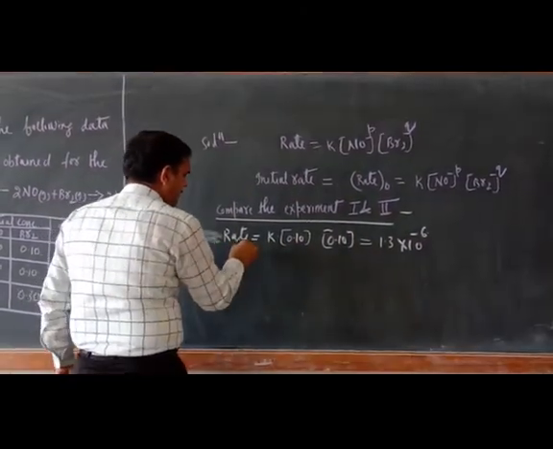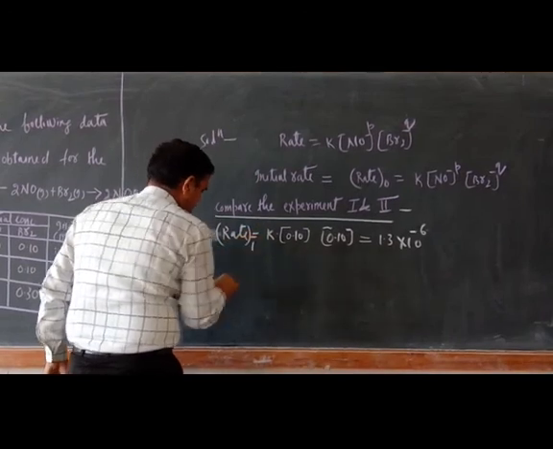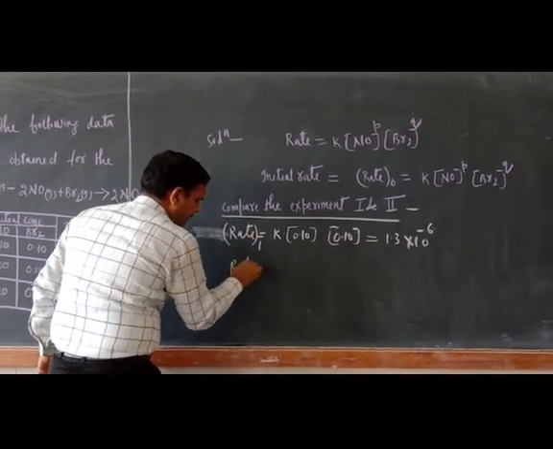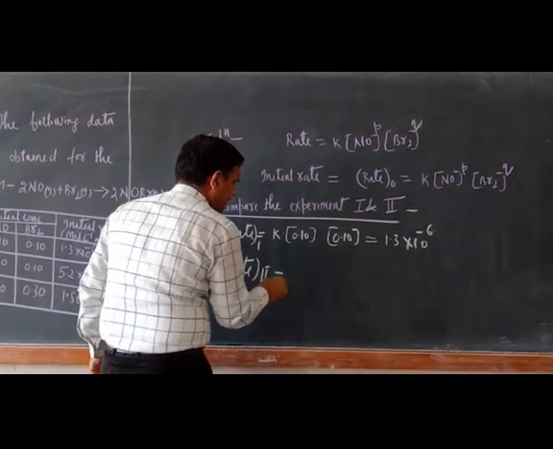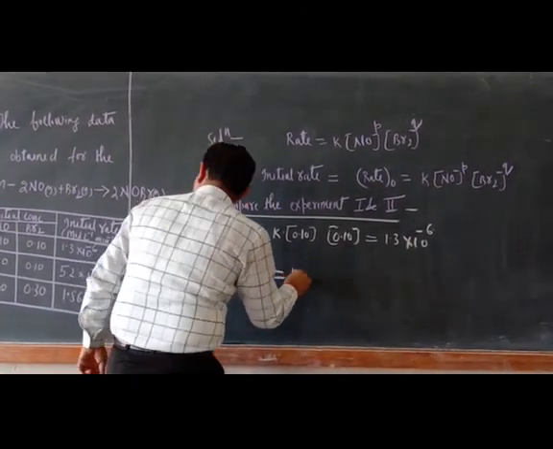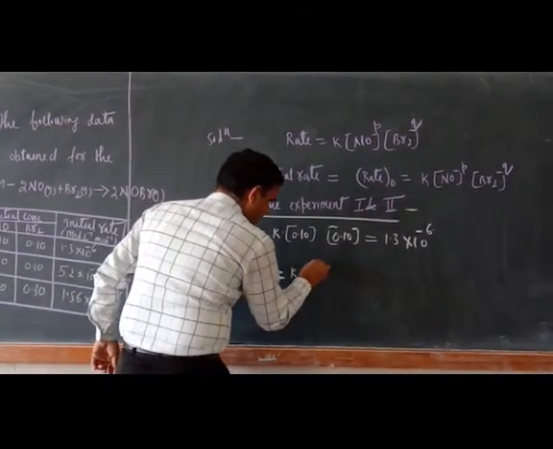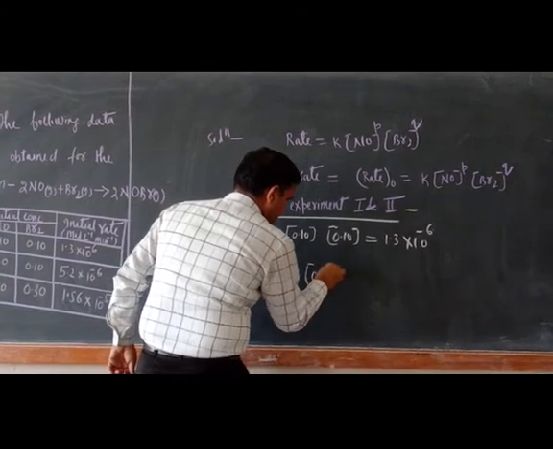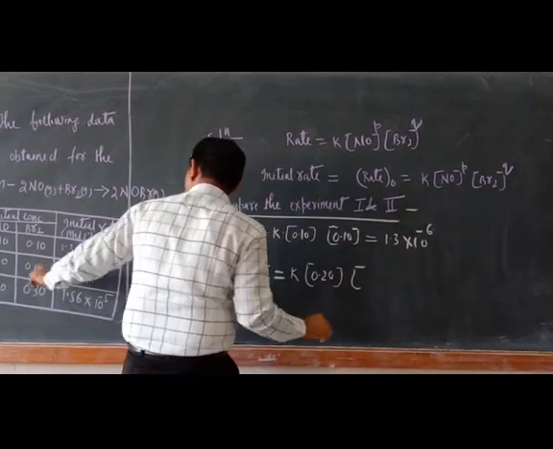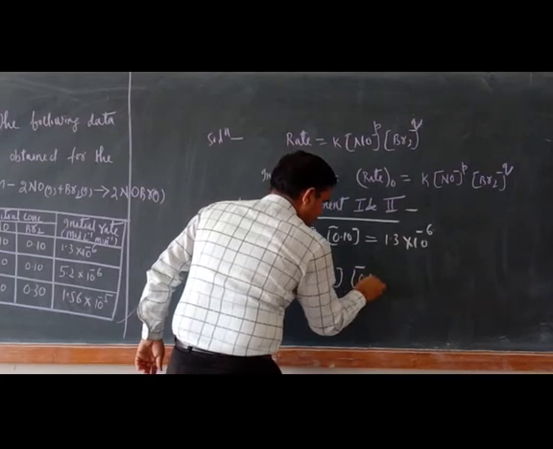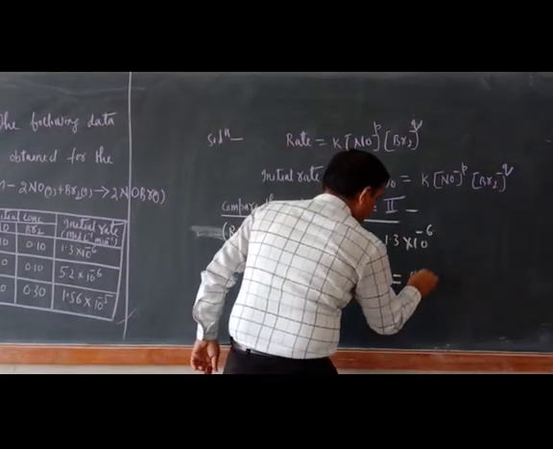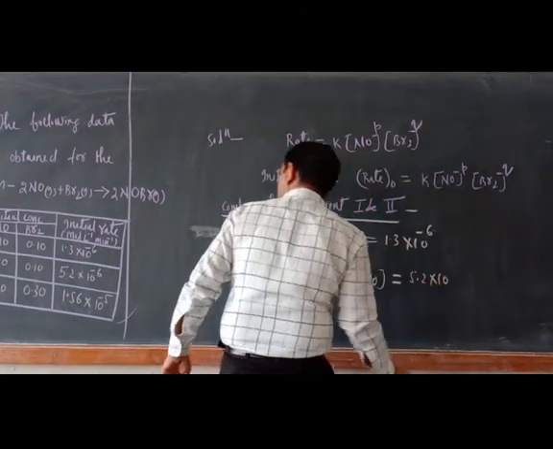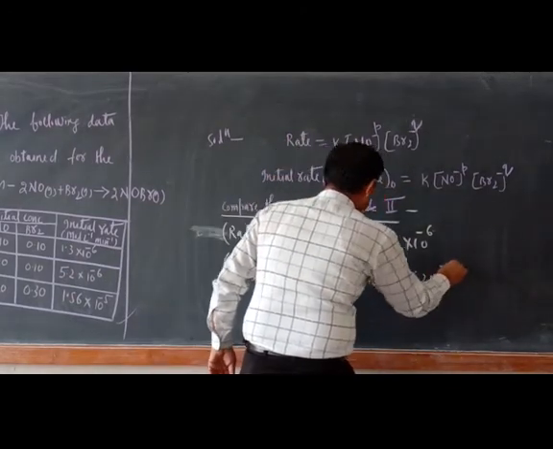This is experiment number first, so we can write rate first. Now rate for the second experiment is equal to K, 0.20, and 0.10, equal to 5.2 into 10 raised to the power minus 6.